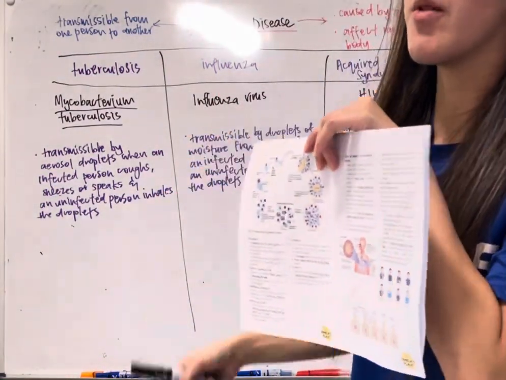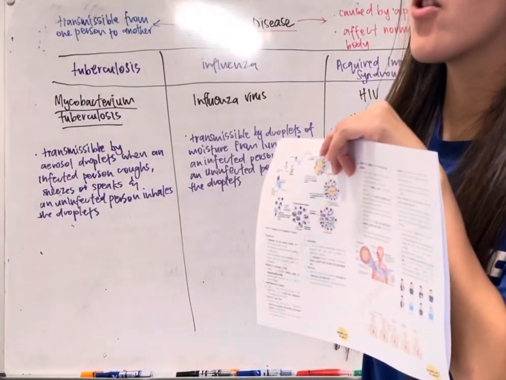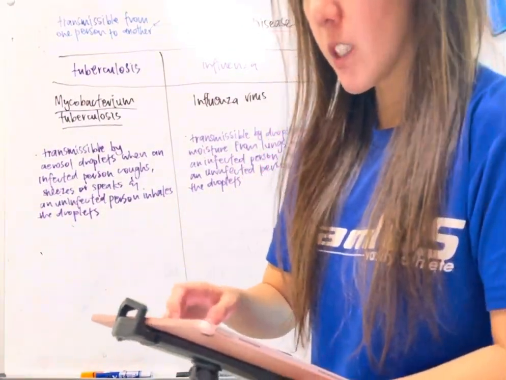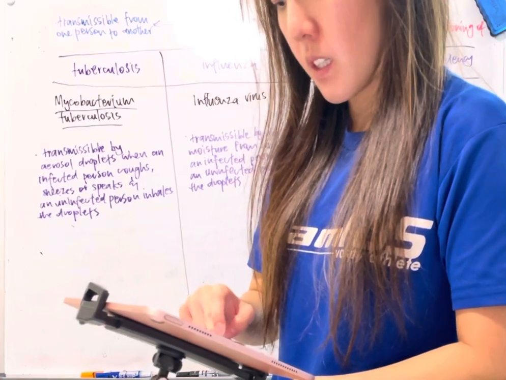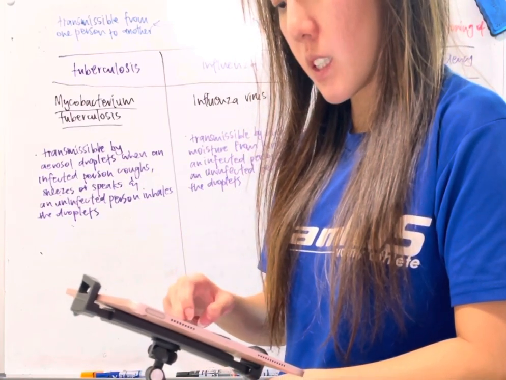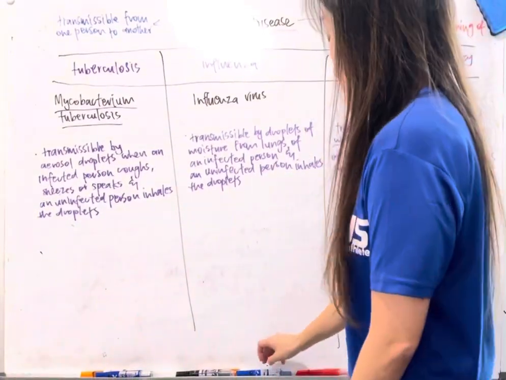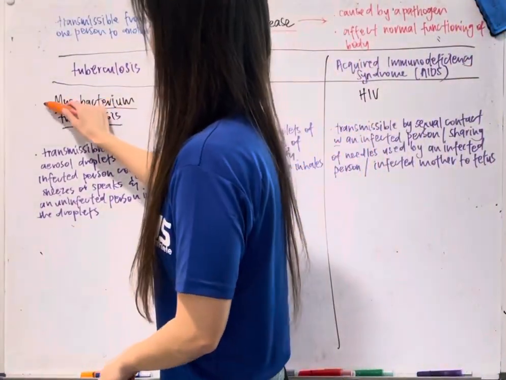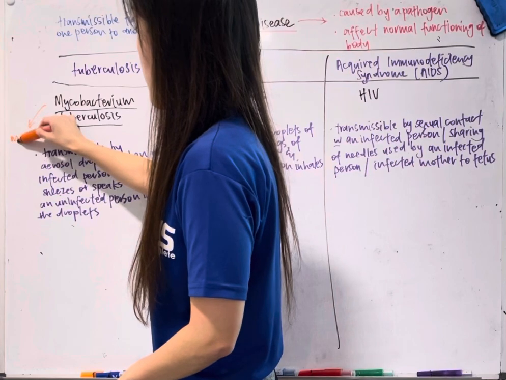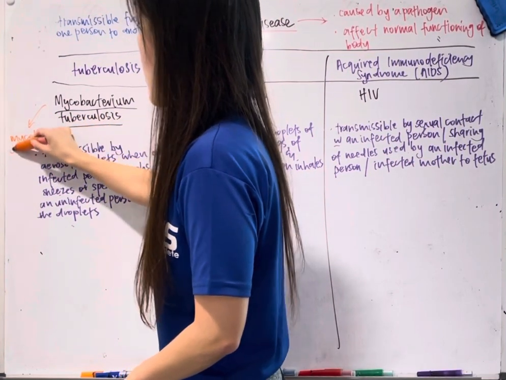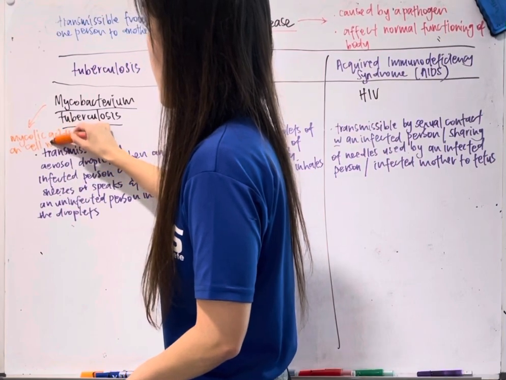Tuberculosis bacteria are very unique because they have mycolic acids on the peptidoglycan cell wall.